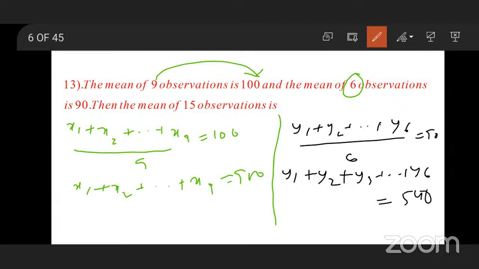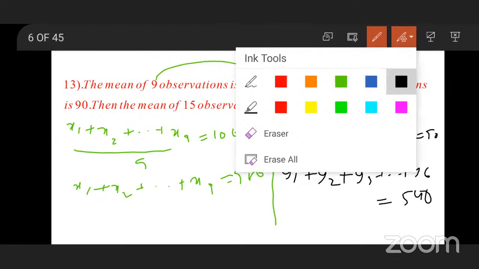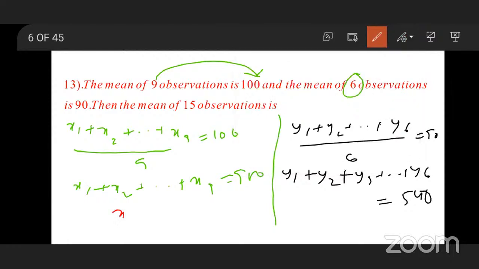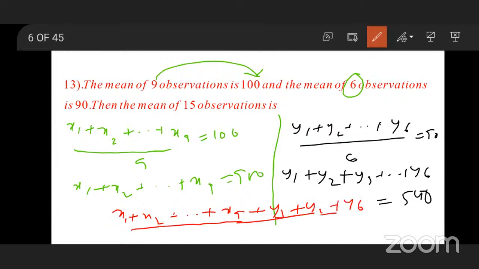What do you want? You want the sum of the total observations. Taking x1 plus x2 plus so on x9 plus y1 plus y2 plus so on y6, the total number of variables is 15.